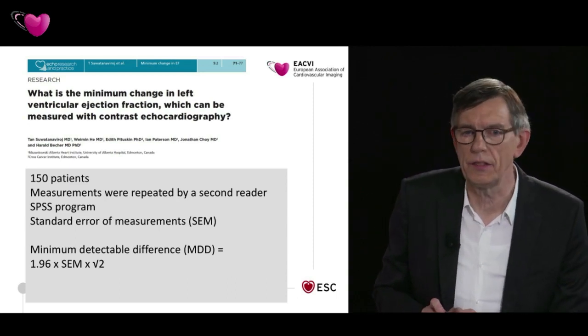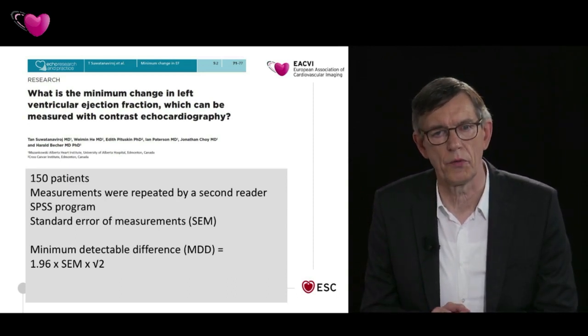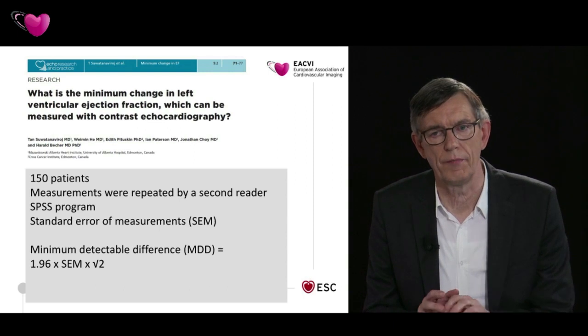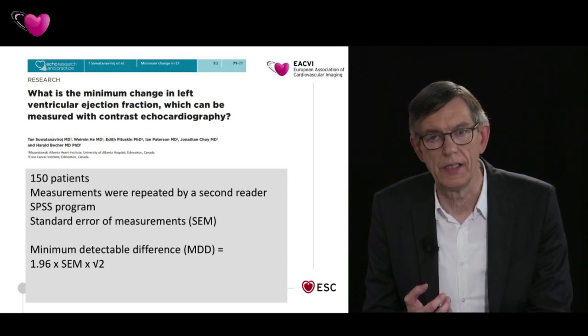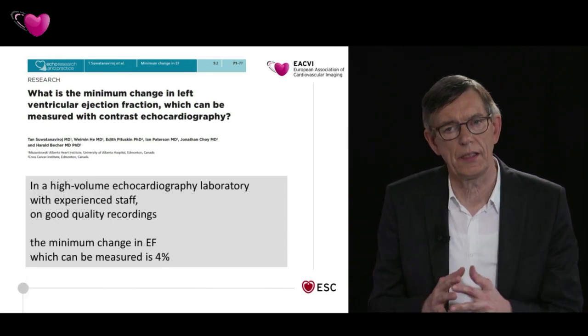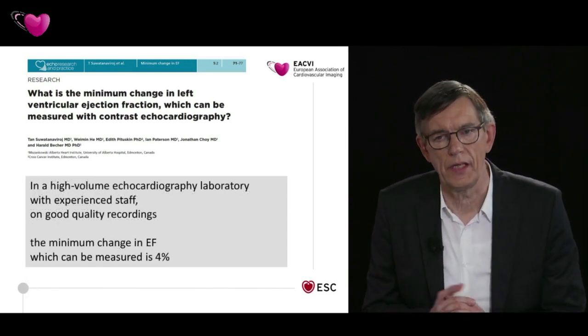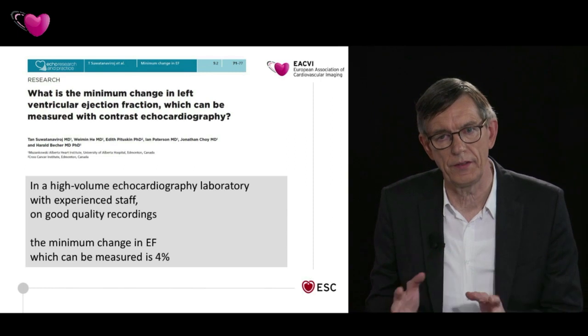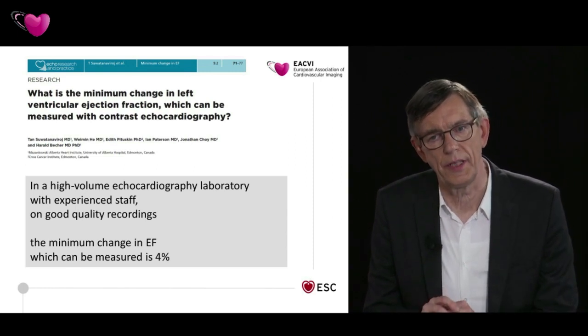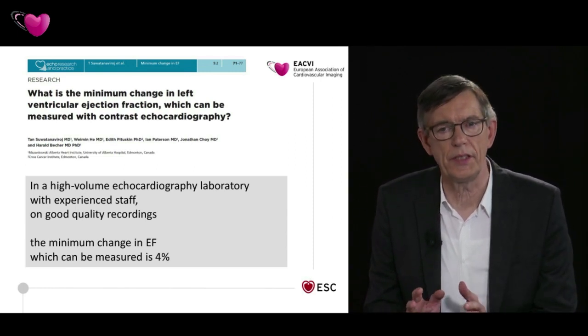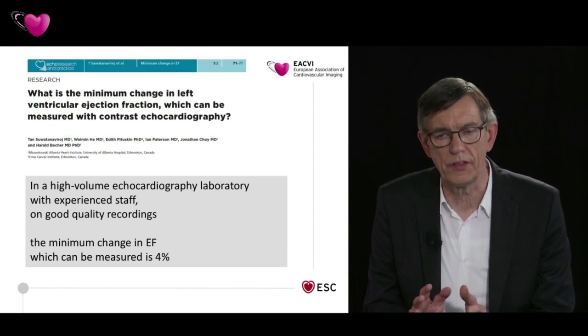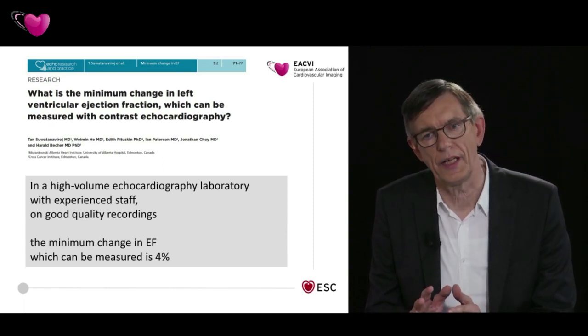Then you can use a standard statistical program, measure the standard error of measurement, and get finally the minimum detectable difference. The minimum detectable difference in EF with this method is as low as 4%. So I think we are pretty confident to see changes if they are 5% or more.